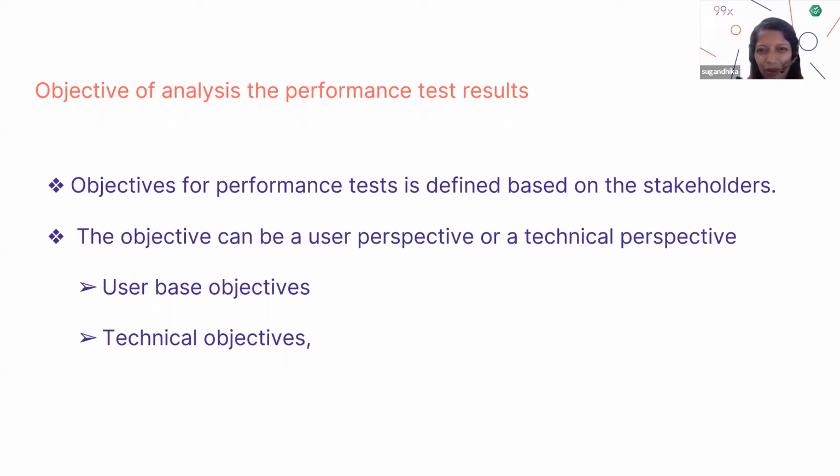Please stay on mute if you're not asking any questions. Okay. So there are two perspectives that we should consider before we plan our performance test. One aspect is the user perspective, the other one is the technical perspective.